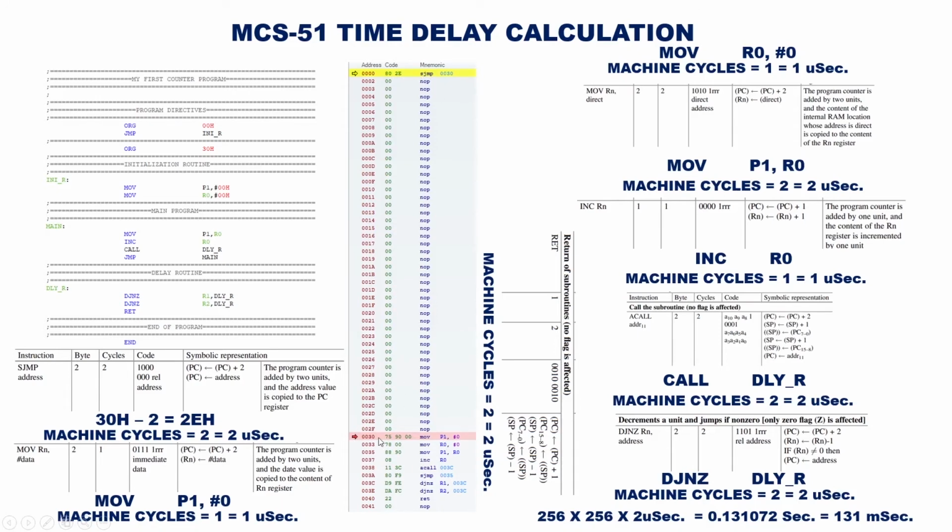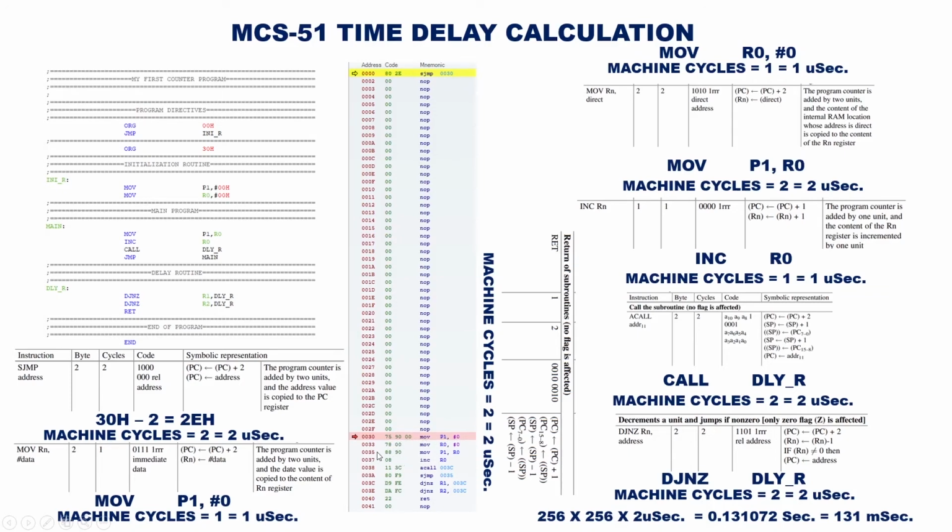Here we can find the next instruction is written at the 30H location, that is 75. 75 is the opcode for the mnemonic move. The address of port 1 is 90. What we would like to move is 0. So here the compiler has written 75, which means move 90H, the address of port 1, the number 00H. It means move the number 0 to port 1.